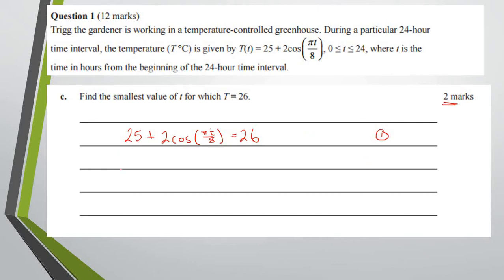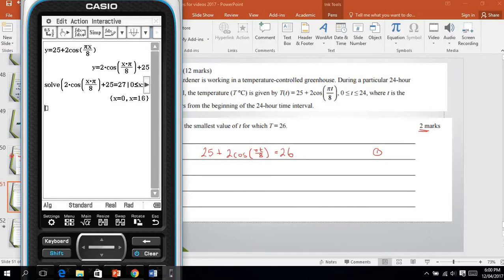So let's not solve it by hand when we don't need to. Let's go back to our calculator menu. We've got our equation. Now, rather than retyping this, how about we just highlight this here and drag it down here.